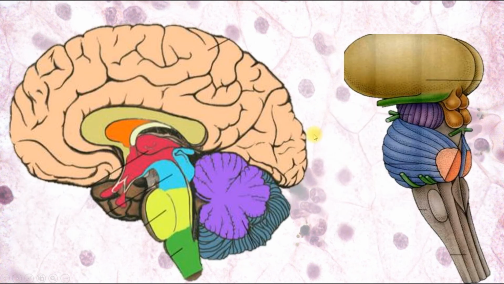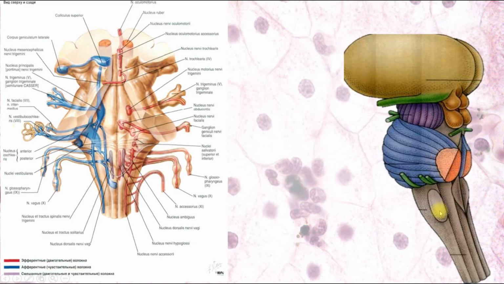Let's begin with the brain. The brain contains cerebral hemispheres, the brainstem, which comprises the diencephalon, mesencephalon, pons, and medulla oblongata, and the cerebellum. Here we can see the diencephalon, mesencephalon, pons, and medulla oblongata. They form the brainstem. Histologically, the brainstem is composed of white matter, and this white matter contains numerous nuclei.